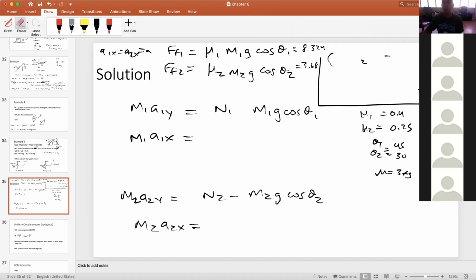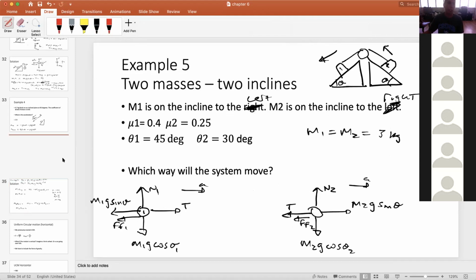Quick question, why do we no longer need the normal force in the original? Because what they give us is that the normal force is equal to M1G cos. So we don't need them other than to know that. And you'll find that you're pretty quickly going to just get used to not even bothering with it.